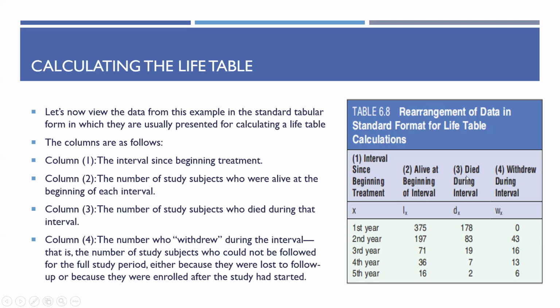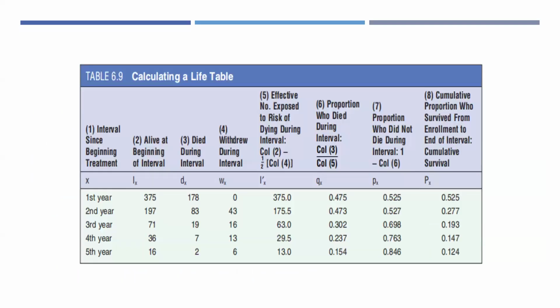The third column is the number of subjects who died during that interval, and the fourth one shows the number who withdrew during the interval. That is the number of study subjects who could not be followed for the full study period, either because they were lost to follow-up or because they were enrolled after the study had started.